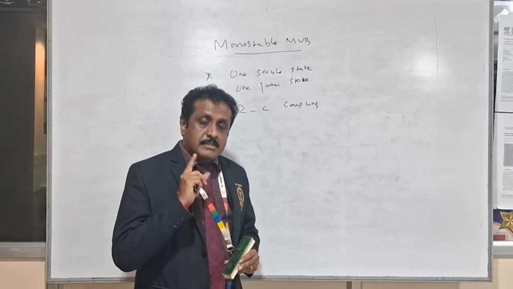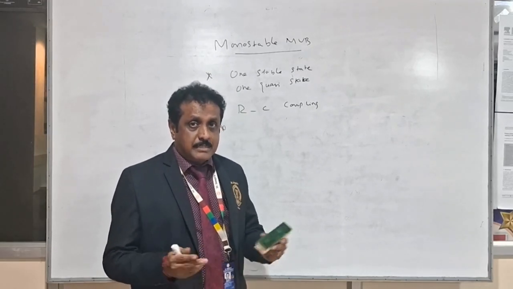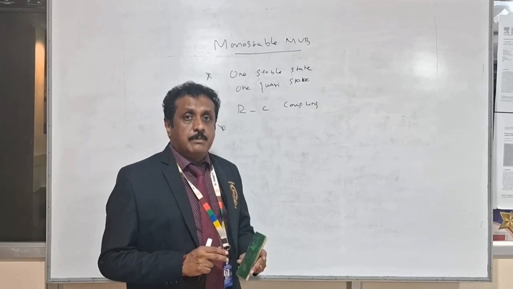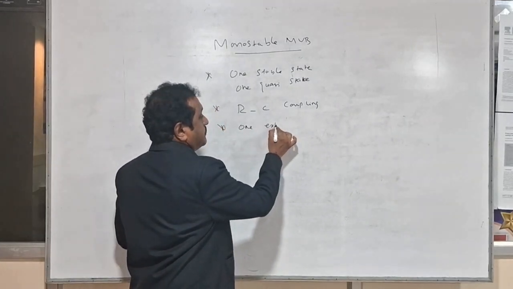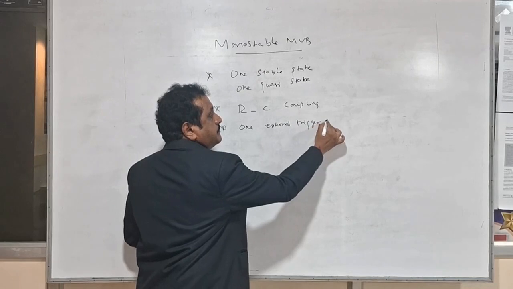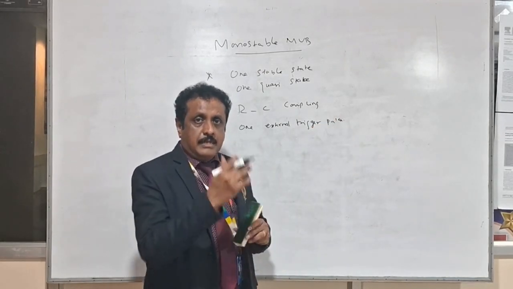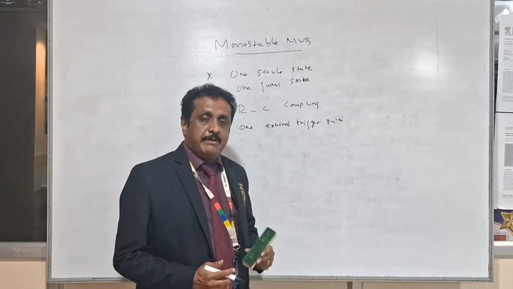Since the astable multivibrator does not require any external trigger pulse, it is called a free running multivibrator. But monostable requires one external trigger pulse for its operation. So these are all the important points related to monostable multivibrator.